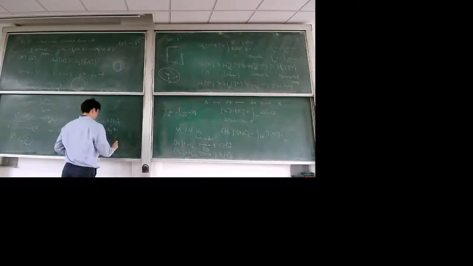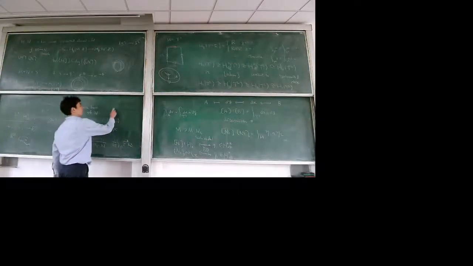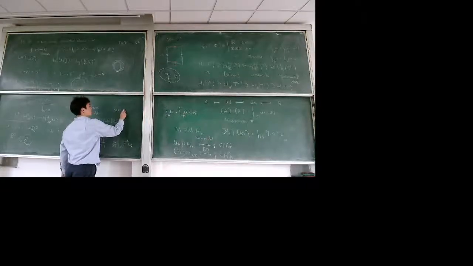This is the degree of f, and this is indeed equal to 1 over 4 pi times the integral over T2 of f star of omega, where omega is the volume form of S2.